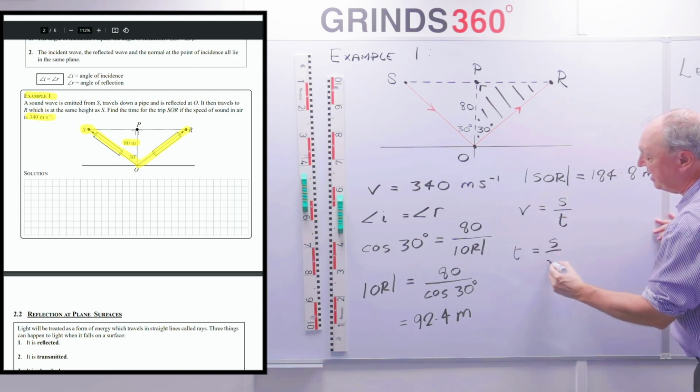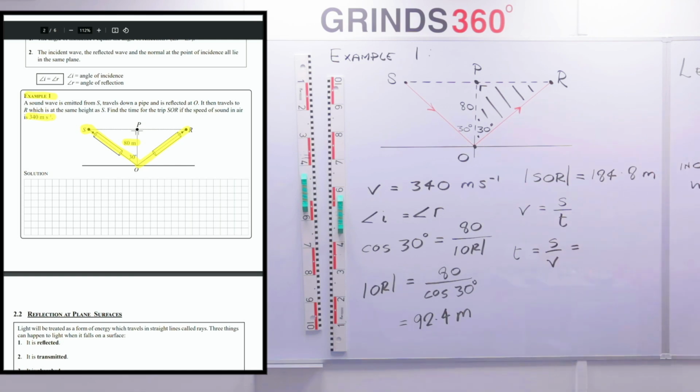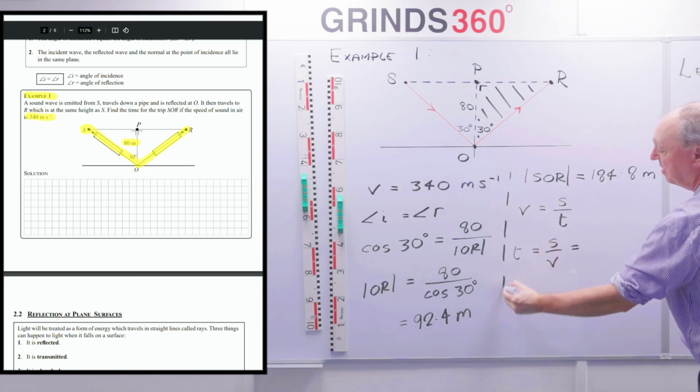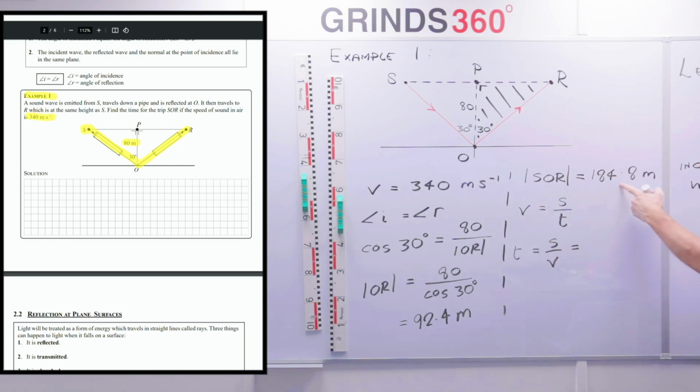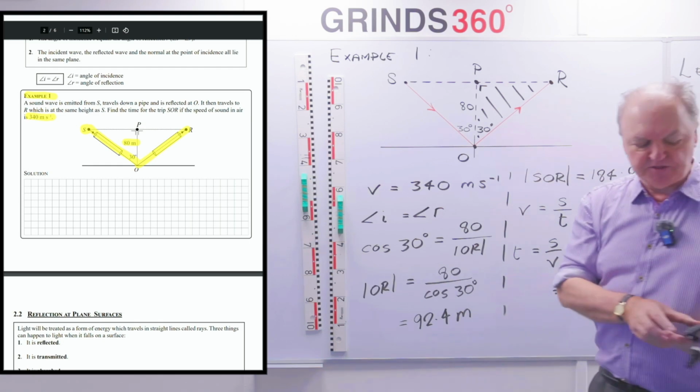So T is S over V. The distance is the distance SOR, which is 184.8, divided by the speed of sound, which is 340 meters per second. So I'm going to put that into my calculator.